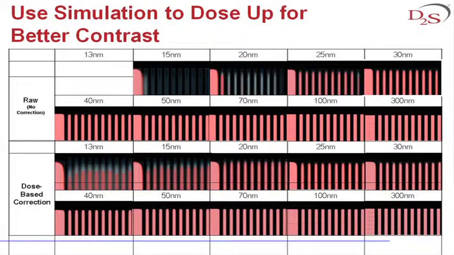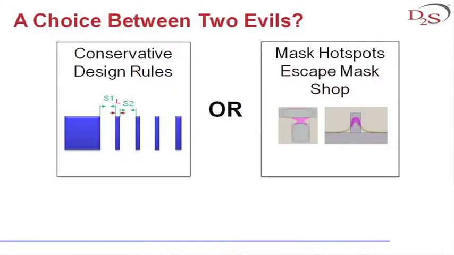Here again, this kind of dose-based correction must be done in a simulation-based method, not a rule-based method, because context sensitivity starts to dominate at sizes below 50 nanometer. So what happens if you don't have simulation-based mask data preparation or mask verification is you're forced to choose between two evils.